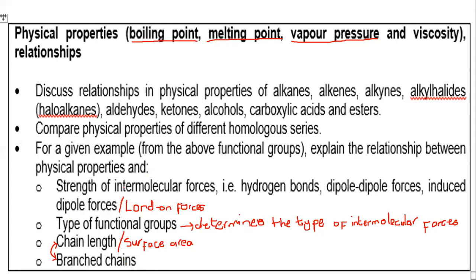In other words, we are expected to know how the strength of intermolecular forces, how the type of functional groups or the types of intermolecular forces, and how the chain length, or what we call the surface area, affects any of these physical properties that we are talking about here, which is the boiling point, the melting point, as well as the vapor pressure. So we must be able to talk about that, which is essentially the lesson for today.